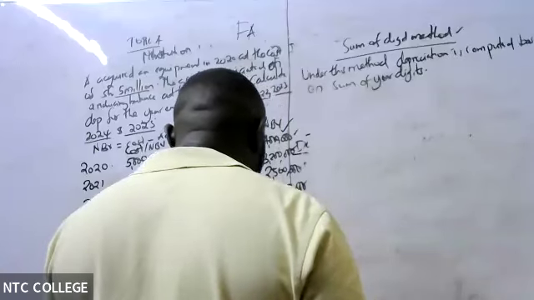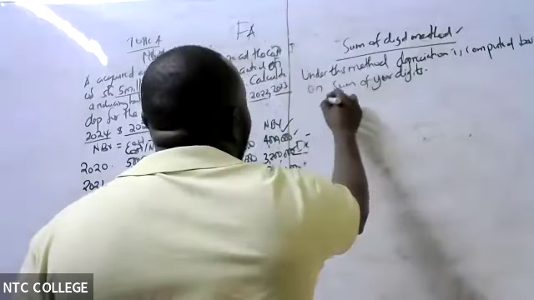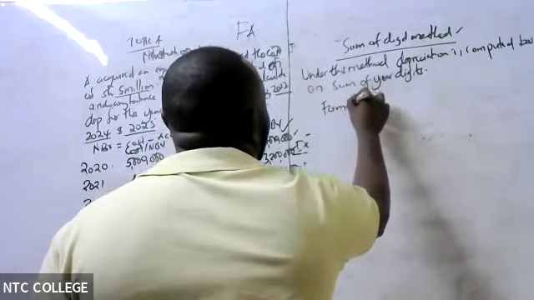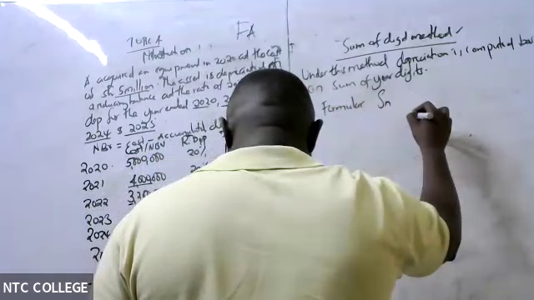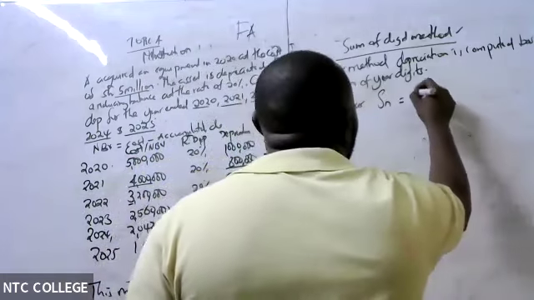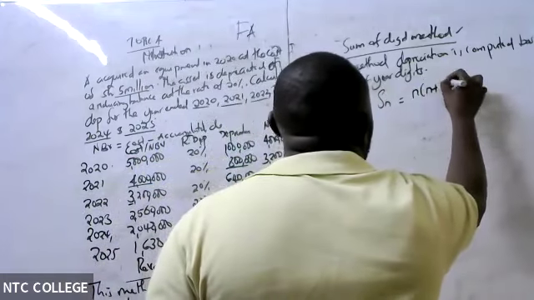The formula is Sn equals n times (n plus 1) over 2.